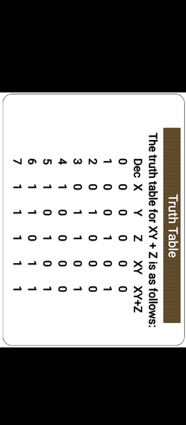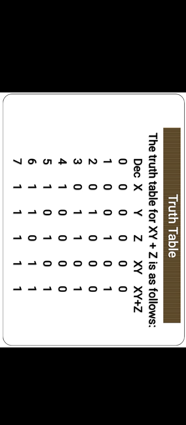The truth table for xy plus z is as follows. The first column shows the decimal number, and x, y, z are the inputs. In the Boolean expression, the first operation is xy and the second operation is the addition operation.